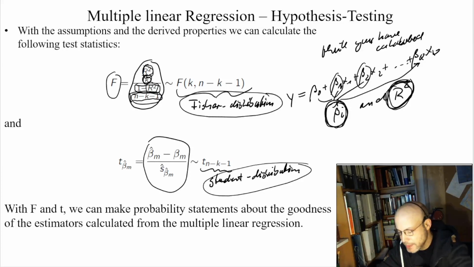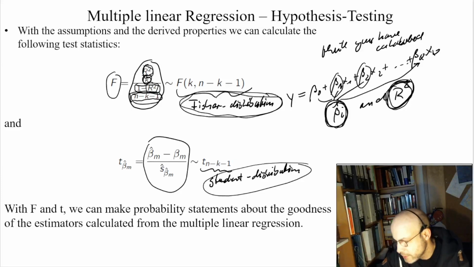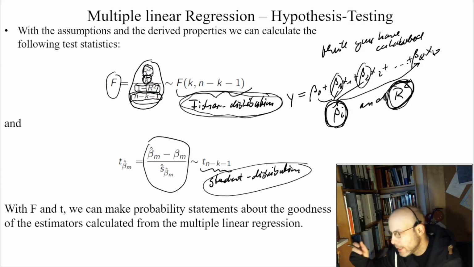And this parameter is then Fisher distributed, which is just a specific distribution like the normal distribution, the exponential distribution, and so on. In a minute I will show how this distribution looks.